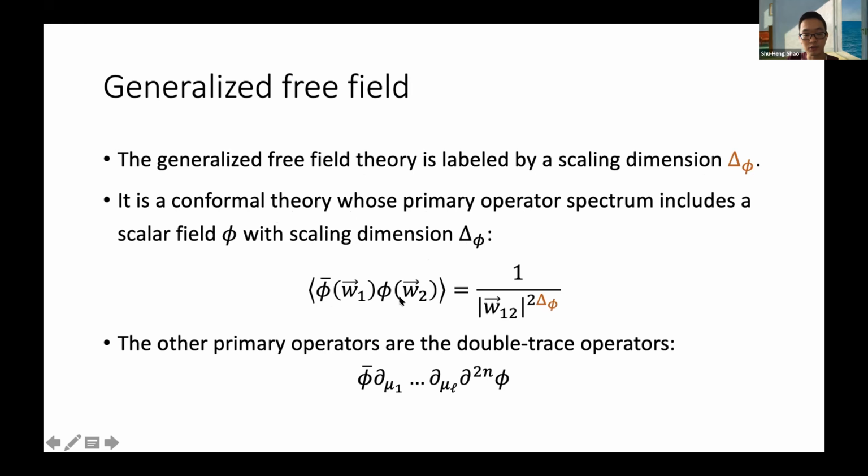So the 2-point function of phi and phi bar is given by the separation to the power of minus 2 delta phi. There are other primary operators, but they can all be written as phi phi bar with derivatives going in between. These are sometimes called the double trace operators, and they are related to the actual double trace operators in a full-fledged AdS/CFT correspondence.